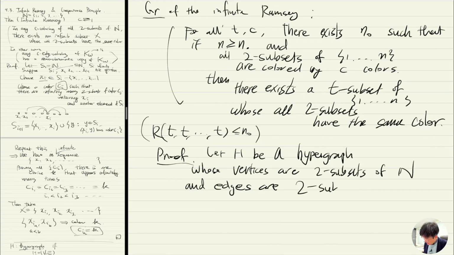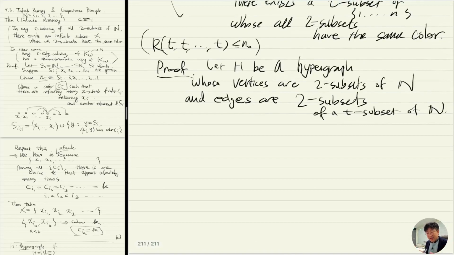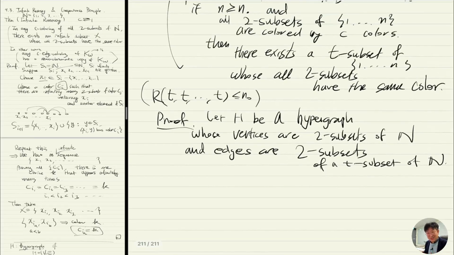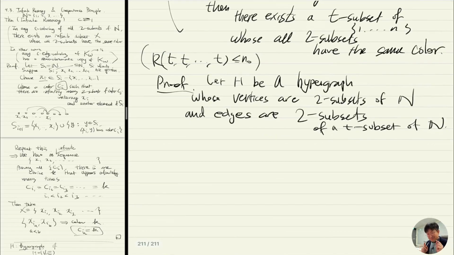Okay, edges are two-subsets of t-subsets. So each subset of size 2 becomes a vertex of the hypergraph, and whenever I have a set of size t, then the collection of all subsets of size 2 inside this set becomes an edge of this hypergraph.